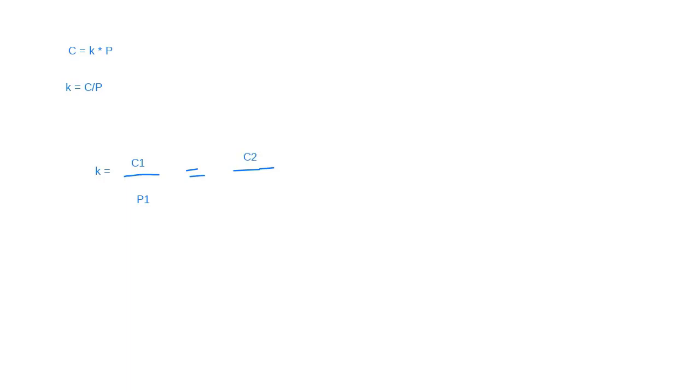We can say this is true because both of these will be equal to the Henry's law constant. The constant is a value of K, which is always going to be the same. It's a constant and won't change. So that's how we can set up this proportion.